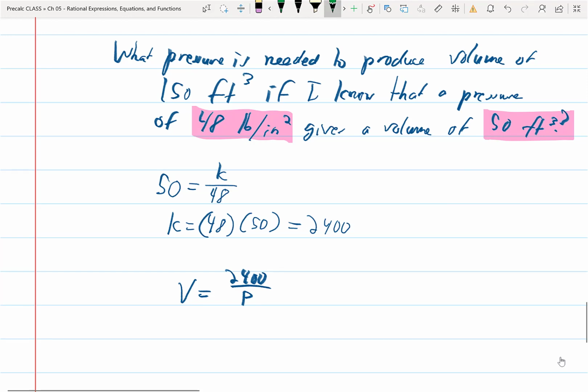Now I'm going to take this 150 feet cubed and plug that in so that I figure out the volume. Oh no, sorry, that's the volume itself. So it's saying what pressure would be needed. So I'm going to take that and plug it into the volume. 150 equals 2,400 divided by P. If I multiply both sides by P, I get 150P is equal to 2,400.